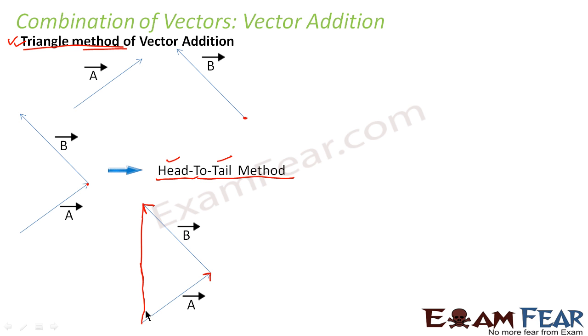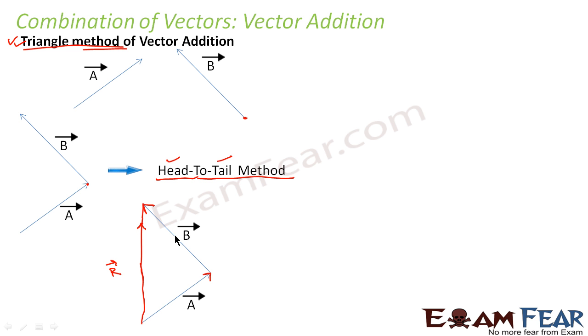So this resultant vector, let us suppose we denote it by R, denotes the sum of A and B, and the direction of this vector would be in this direction, because A is in this direction, B is in this direction. So it is moving anti-clockwise. So this resultant would be in the opposite direction.